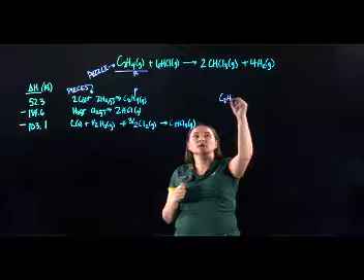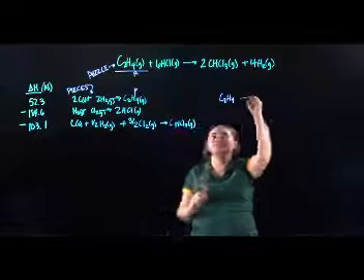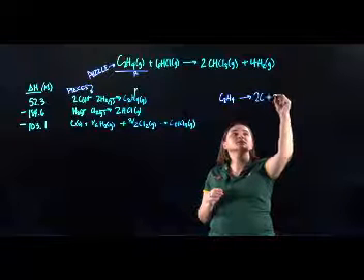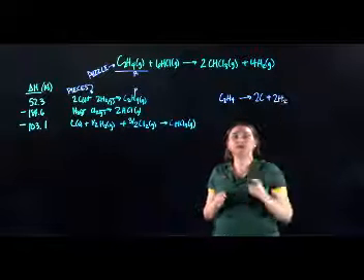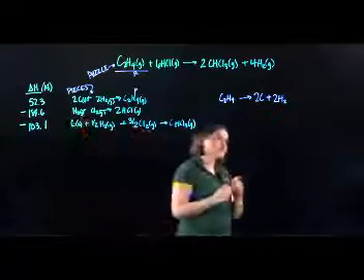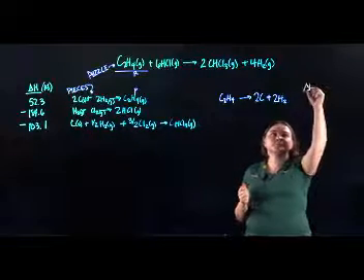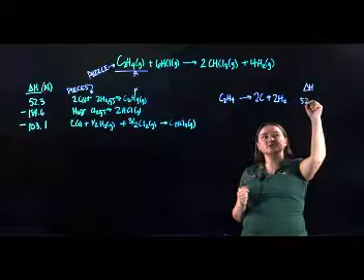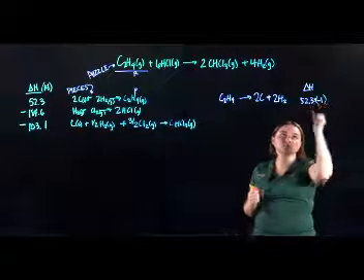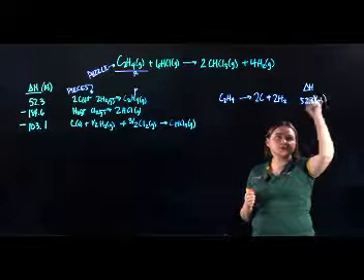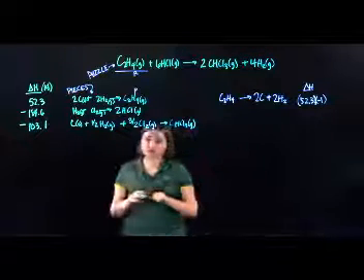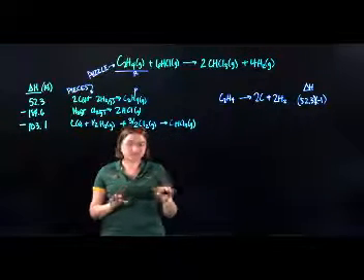C2H4, and I'm going to drop the states of matter just to make my life a little bit easier, goes to 2 carbons and 2 hydrogens. So I flipped this reaction, which means that I need to flip my delta H. So I need to take my 52.3 and multiply it by a -1. That looks less clunky. All right, that's the first step.